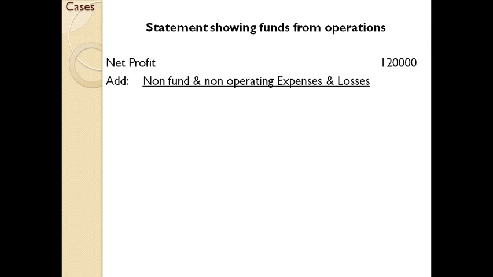Next, you need to add back non-operating expenses. Sometimes we call them non-fund expenses, or non-fund losses. Generally, these are the terms given to non-operating expenses.